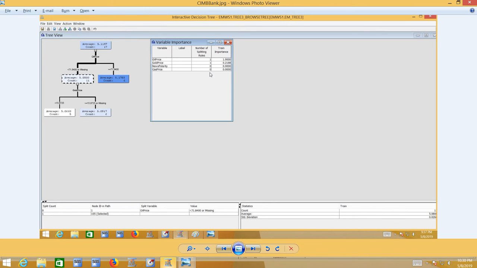That's in the same direction as our analysis in the last video, when for CIMB Bank there was also a negative but small correlation between the polarity of news and the stock price of CIMB Bank.